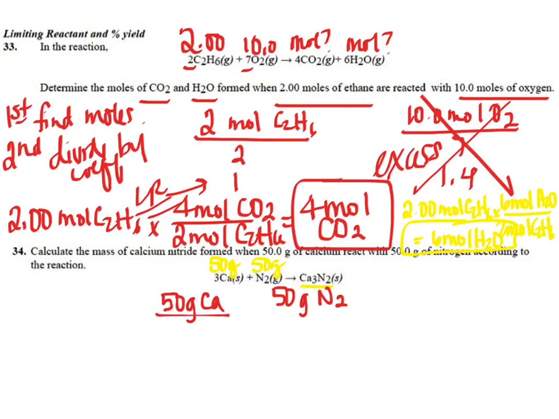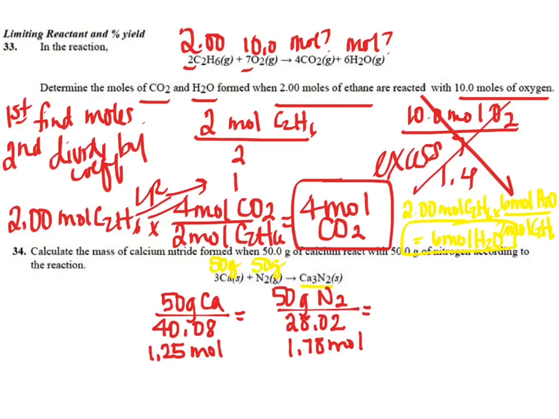So calcium is going to get divided by the molar mass, which is 40.08, and I end up getting 1.25 moles. Nitrogen, its molar mass is 28.02, and I get 1.78 moles.